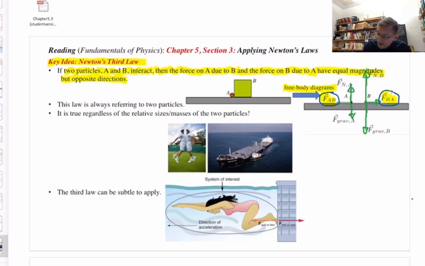And what the third law is telling me is that the magnitude of the force on A due to B, notice that notation means magnitude, is equal to the magnitude of the force on B due to A. Force on A due to B and force on B due to A. Equal magnitudes, but opposite directions, as the free body diagrams there show.